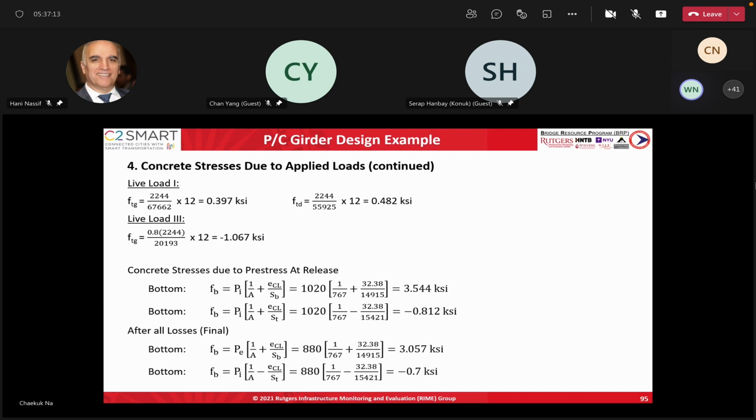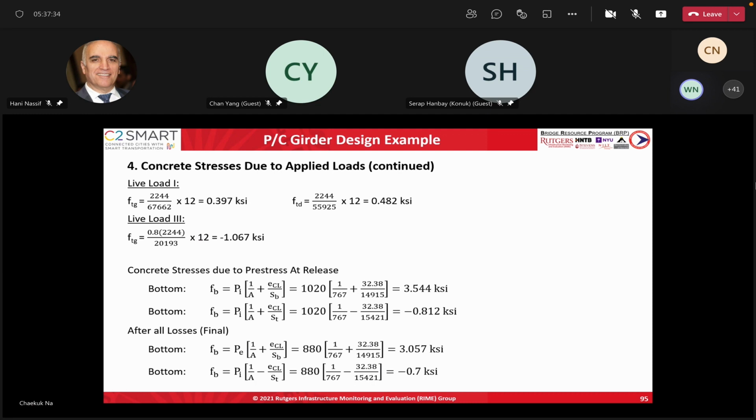The force multiplied by the eccentricity is the moment. We get the stresses at the bottom part, and at the top part, and then we calculate it after losses. After losses, we use FPE. This should be E, the bottom one, and we would get the stresses.